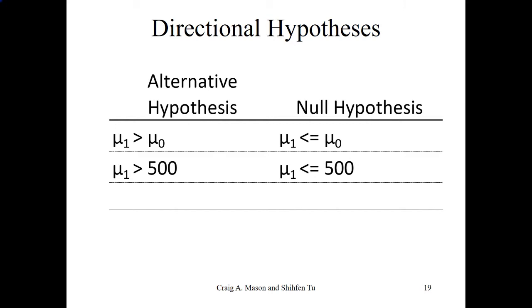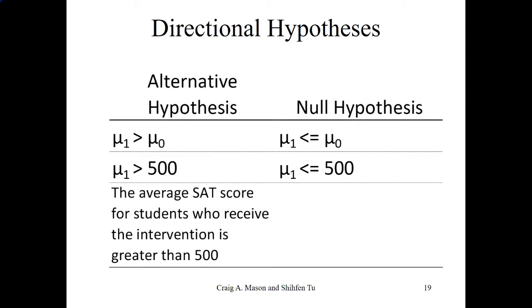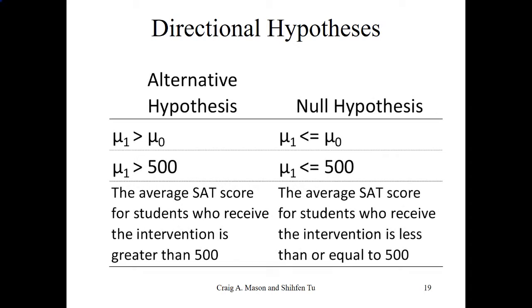In English, we could phrase the alternative hypothesis as the average SAT score for students who receive the intervention is greater than 500. While in English, the null hypothesis would be the average SAT score for students who receive the intervention is less than or equal to 500.